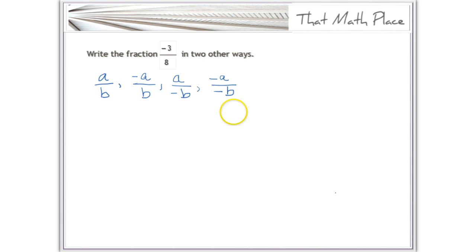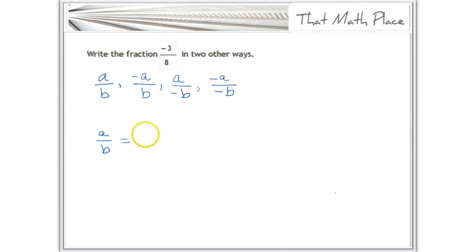Now, you'll see this a lot. You'll run across this again when you start looking at slope. So try to follow as closely as you can, because when you start doing slope, this will make more sense to you. Since fractions are nothing more than division problems, when we divide two positive numbers, our quotient or our answer is positive.